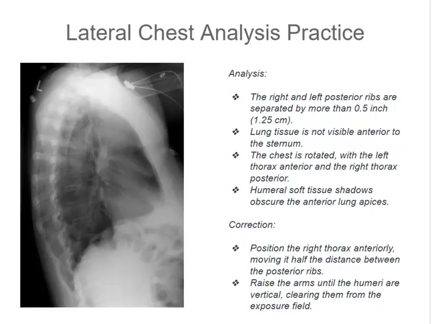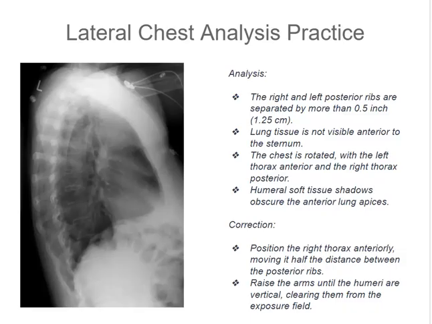Another key reason to repeat this image and to make some corrections here is looking at the soft tissue in the humerus and where it is lying within the anterior portion of the apices. We need to get those arms up higher. So how do we take corrective action here?